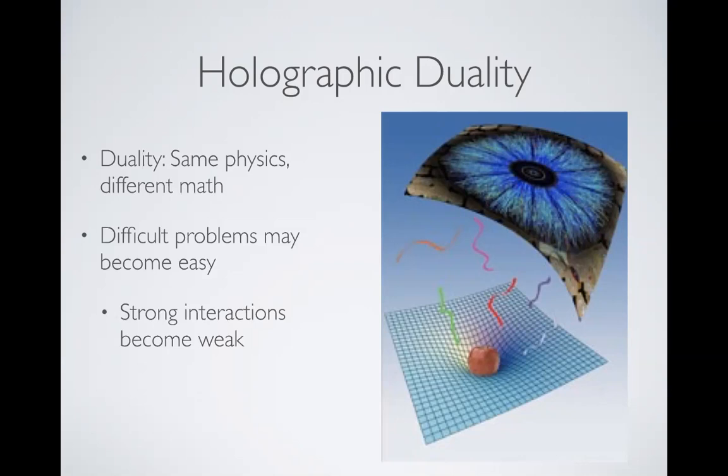So if we can translate that into a mathematical model where those strong interactions are weak, then we'd be in much better shape. So one example where a lot of work has been done here is trying to write the strong nuclear force in terms of a gravity theory that's in 5 dimensions. And when I say gravity theory, it really means general relativity.